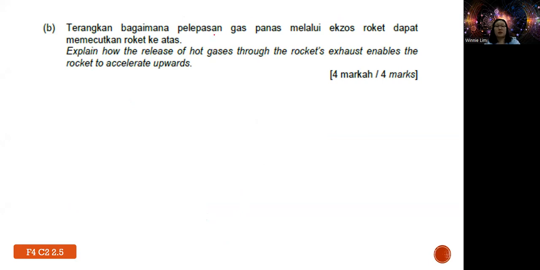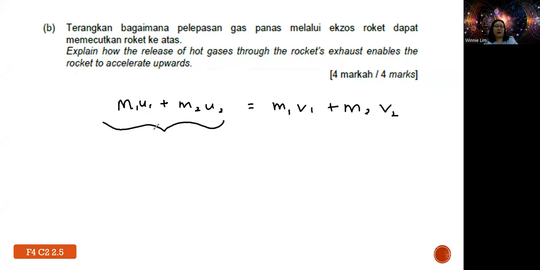So based on the principle of conservation of momentum, there are 3 types of collisions, right? Most of the applications are under the idea of explosion. So based on the general formula, you have M1 U1 plus M2 U2 equals M1 V1 plus M2 V2. Okay, so this is the principle, whereby the total momentum before the collision must be the same as the total momentum after the collision.